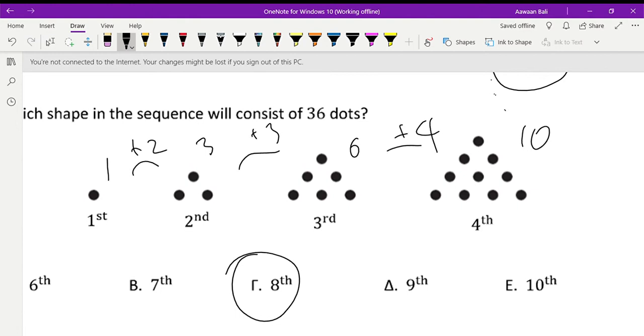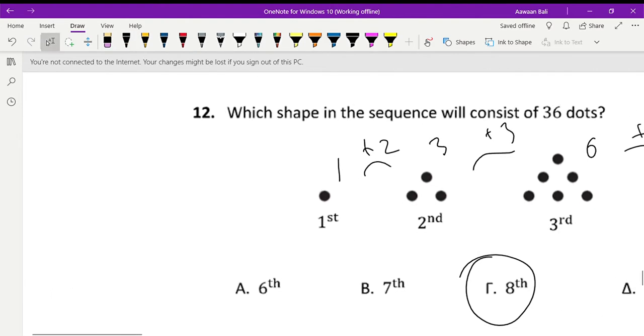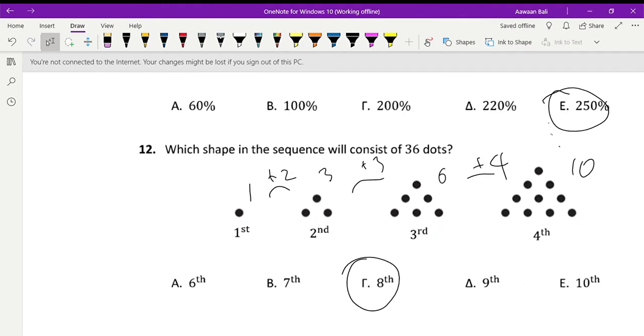But before we do that, we have to check the possible values for an equation, because it's not like the next one. We have to find an equation to find out which one's 36 dots. Then we substitute the 36 as the answer to the equation, the sum, and then we can find the number.